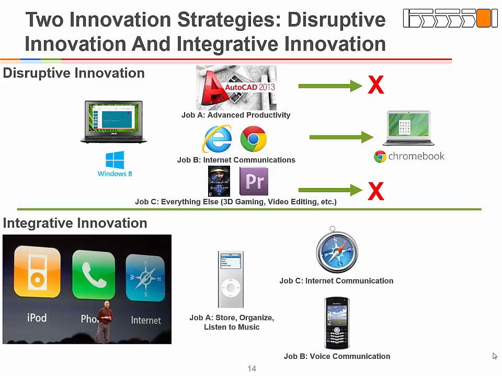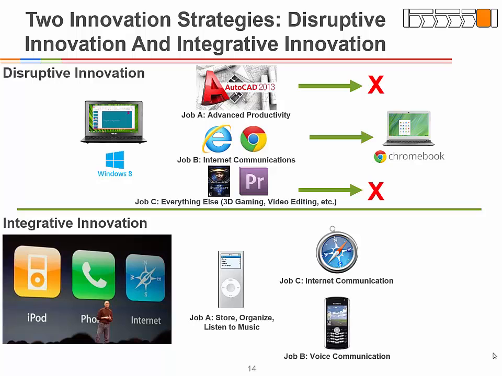And then in integrative innovation, it's the very opposite. You take three things that are separate or disparate, the three jobs to be done, essentially, and you combine them together. And this is really important because when Steve Jobs announced the iPhone, he announced it as three different products at first. And then his big punchline was, do you get it?